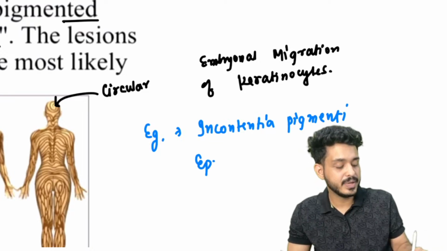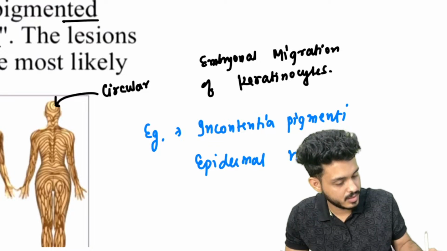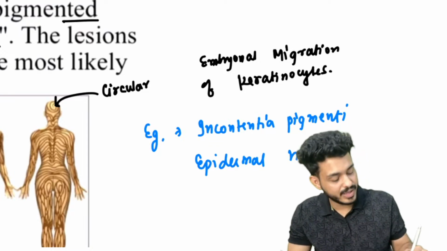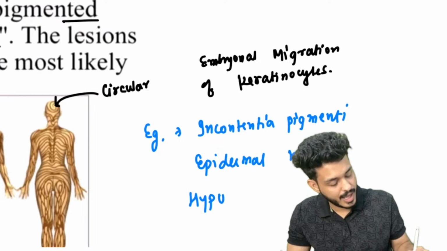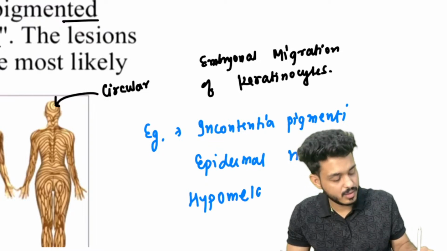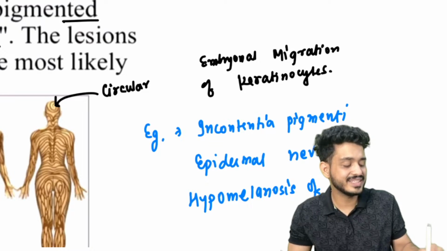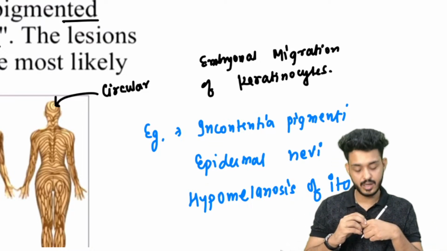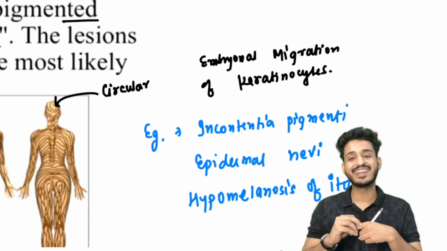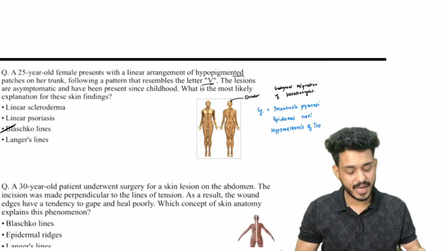Second is epidermal nevi. And third one is hypomelanosis of Ito. These are the three examples you have to remember, and they are the embryonal migration of keratinocytes. They are the Blaschko's lines.